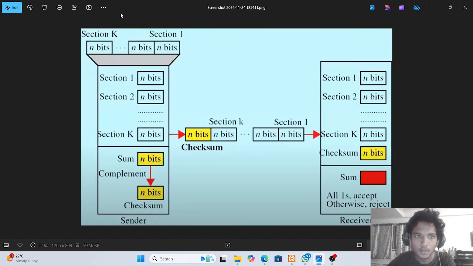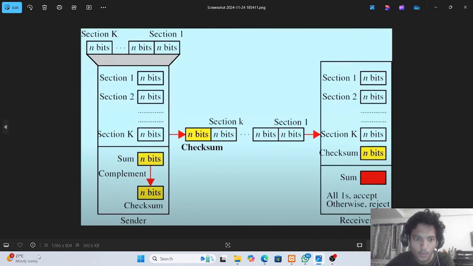This is the pictorial form of that. There is a section here, and we divide it into n number of bits, and these bits go into section 1, section 2, up to section k. This is what happens on the sender side.